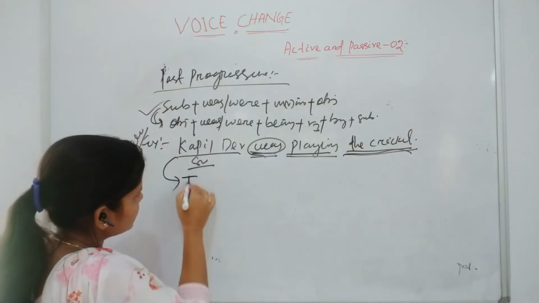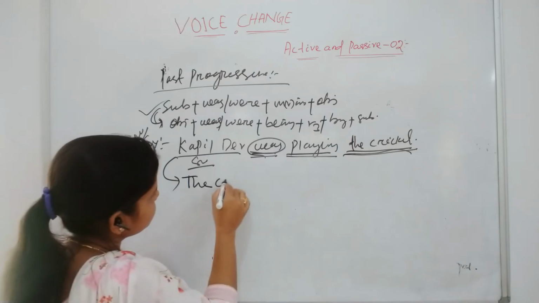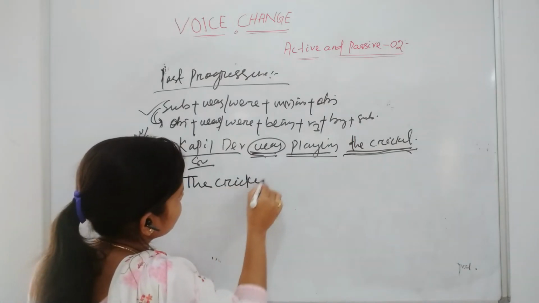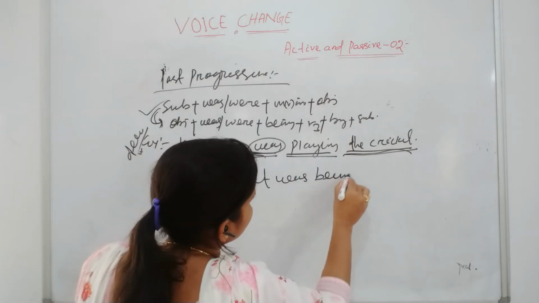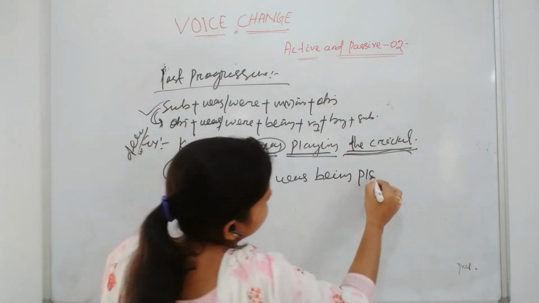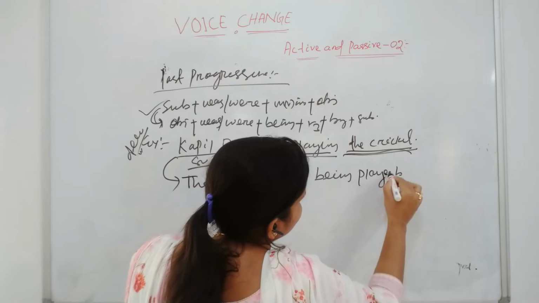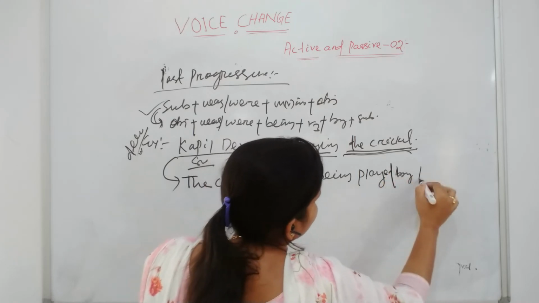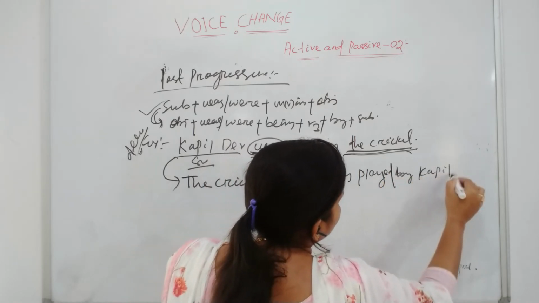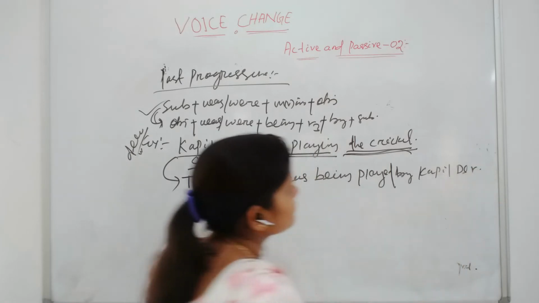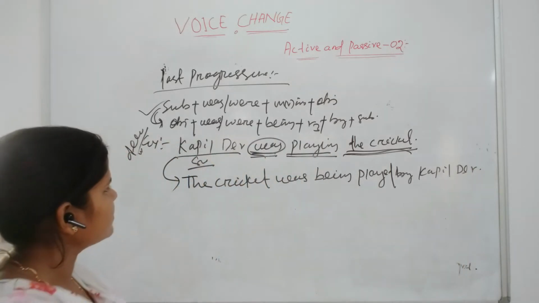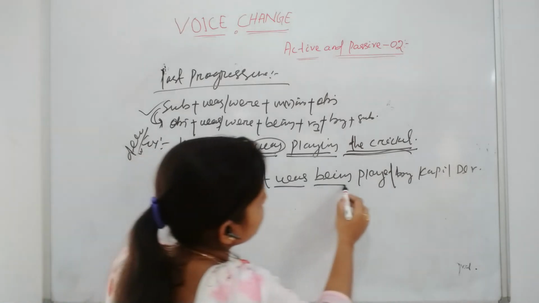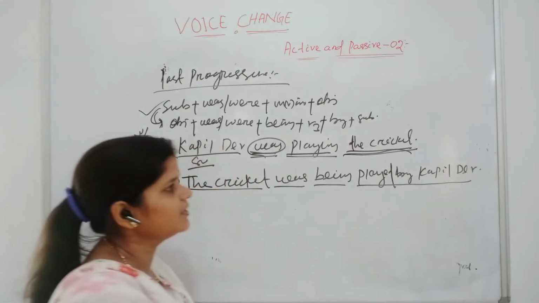In the passive sentence, the cricket was being played by Kapil Dev. So the passive sentence is: the cricket was being played by Kapil Dev.